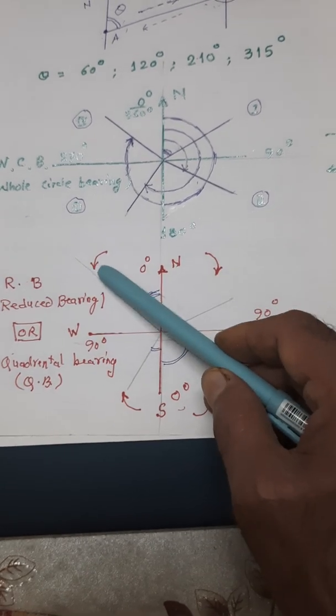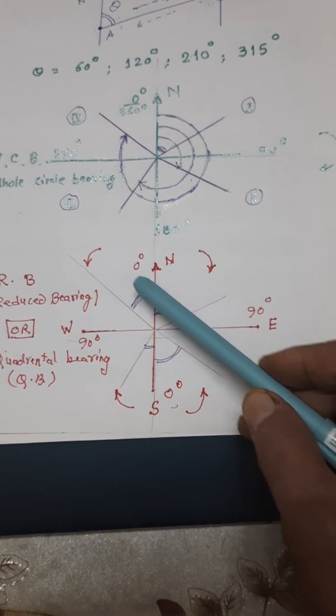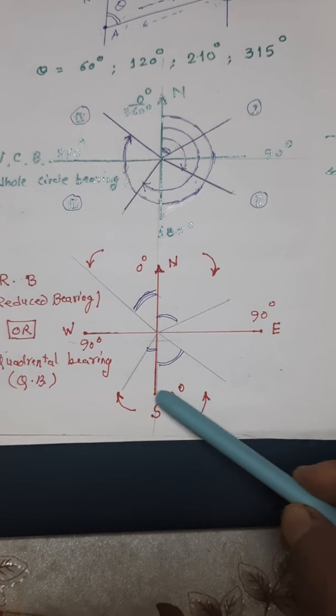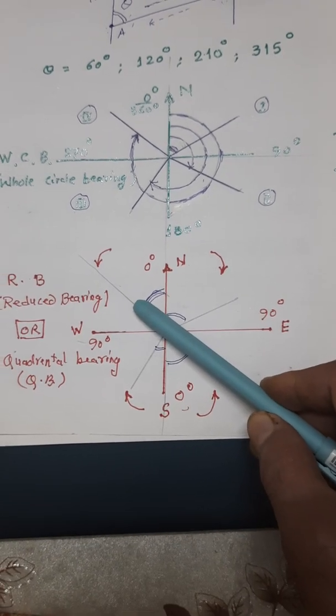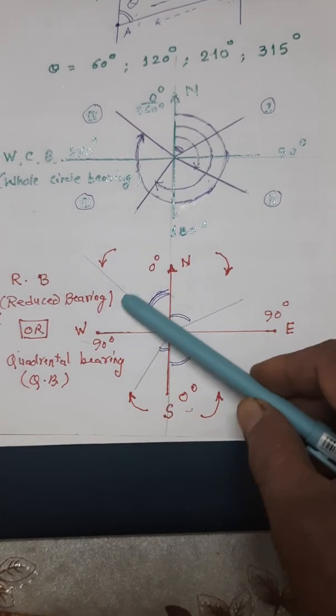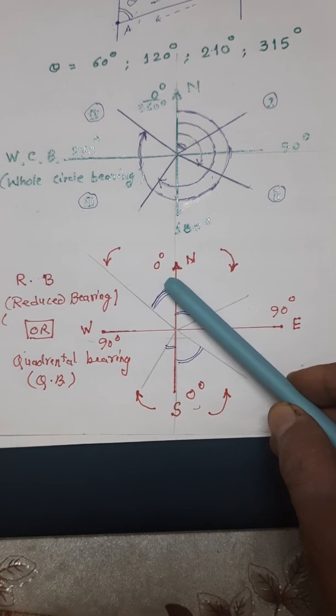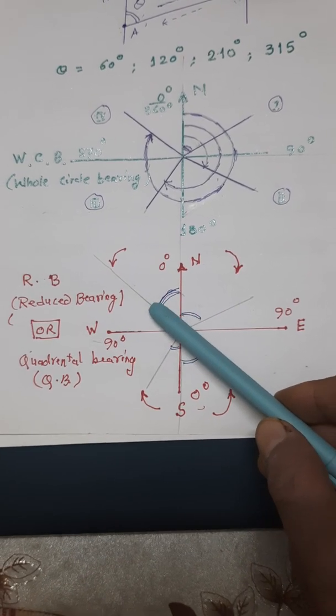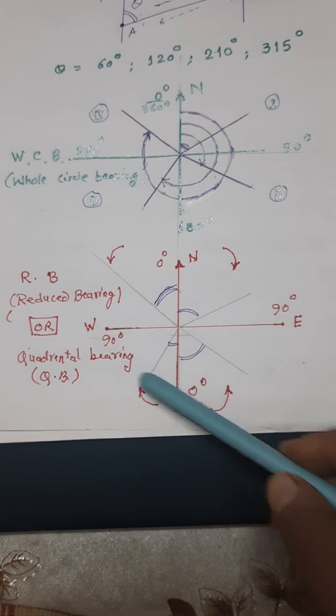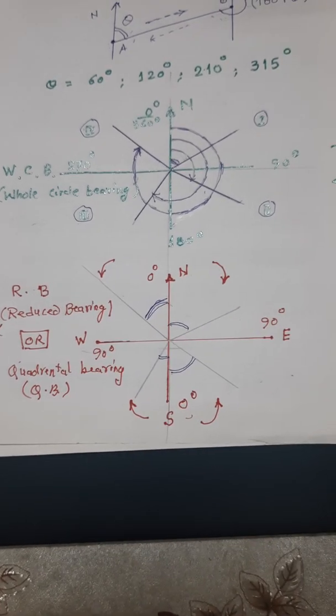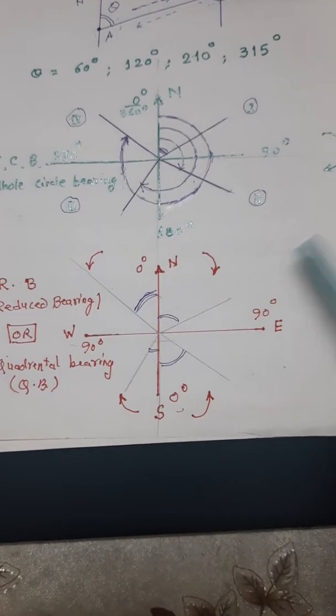180 plus theta is equal to whole circle bearing. If it is 315, this angle will be like this. So we can say 360 minus theta will automatically give the 315.